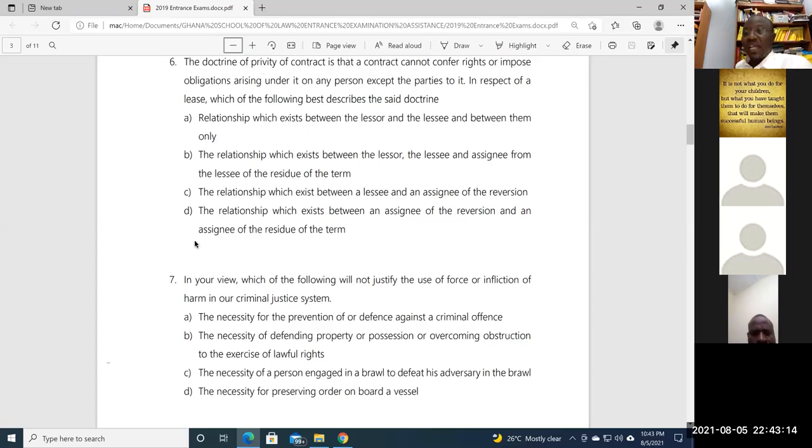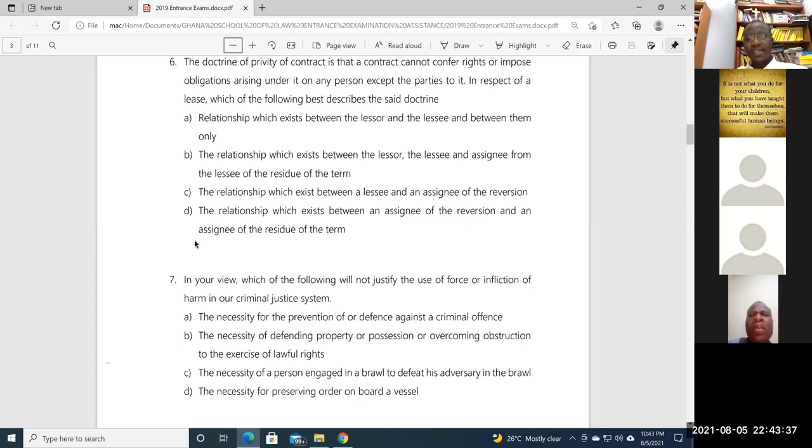Okay, so in the light of what we have discussed, it was very interesting. Some of you are just trying to force to see three things there before you think that the right answer is there. Now, the relationship between the lessor and the lessee exists between only them.